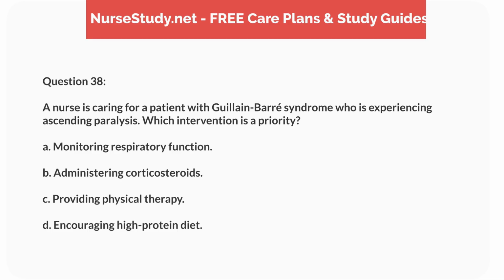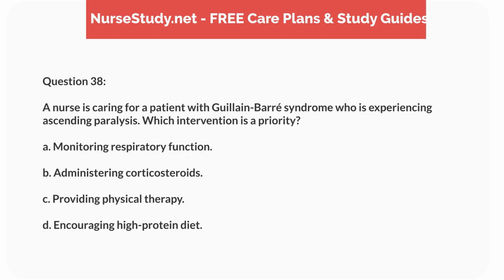Question 38. A nurse is caring for a patient with Guillain-Barré syndrome who is experiencing ascending paralysis. Which intervention is a priority? A. Monitoring respiratory function. B. Administering corticosteroids. C. Providing physical therapy.